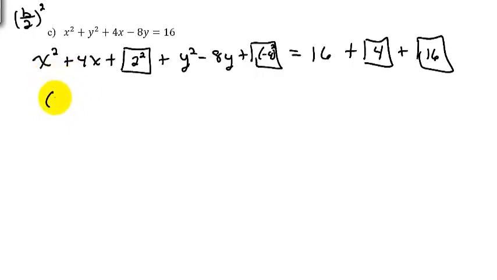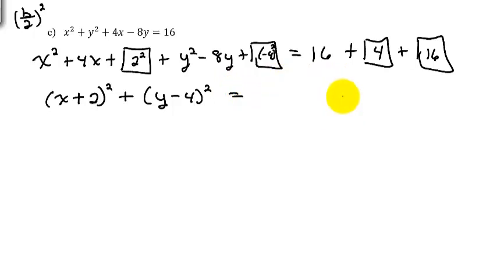So the x's is going to be x, and then the number that I squared to complete the square for the x's was 2. So that would be x plus 2, the quantity squared, plus, for the y's, we have y, and the number that I squared to complete the square for those is a 4. So it would be y minus 4 squared. Well, we squared -4, sorry.